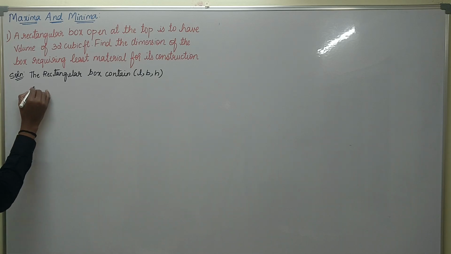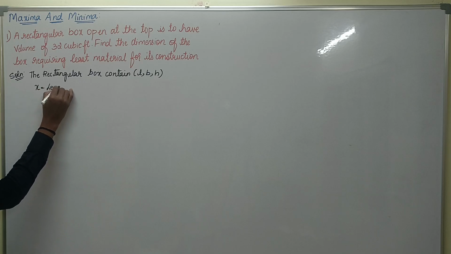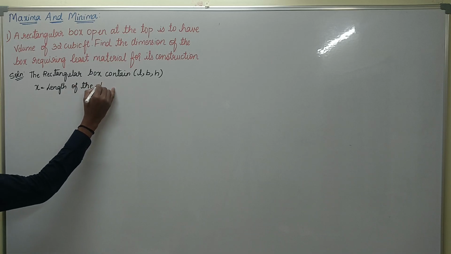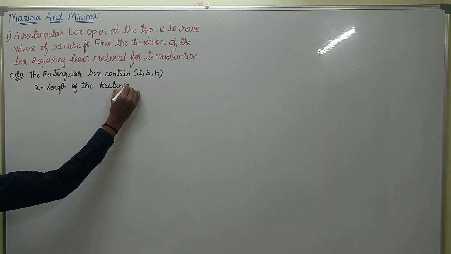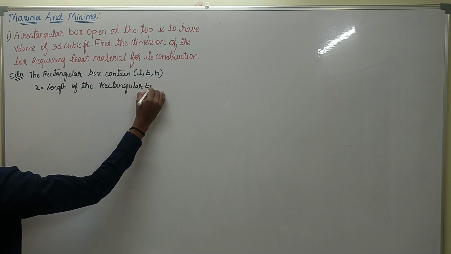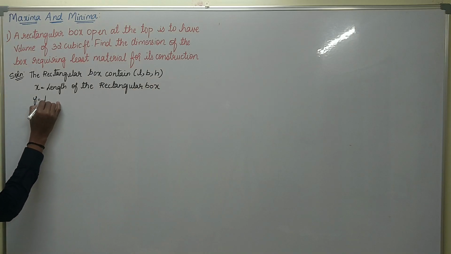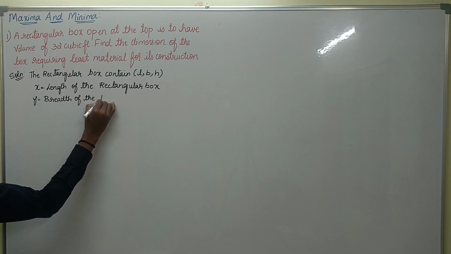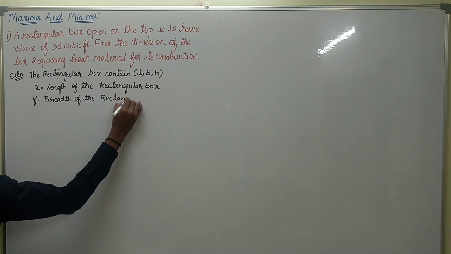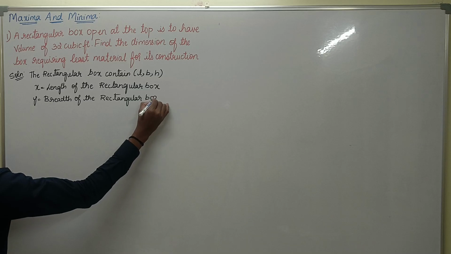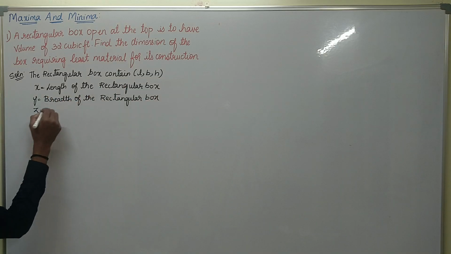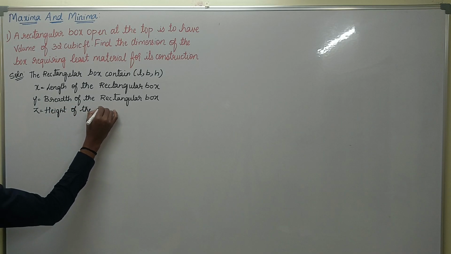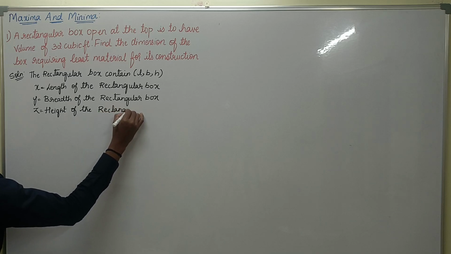Let x represent the length of the rectangular box, y represent the breadth of the rectangular box, and z represent the height of the rectangular box.